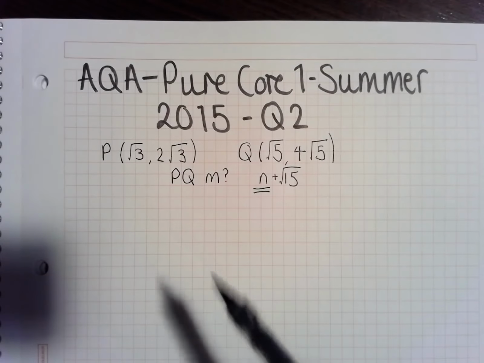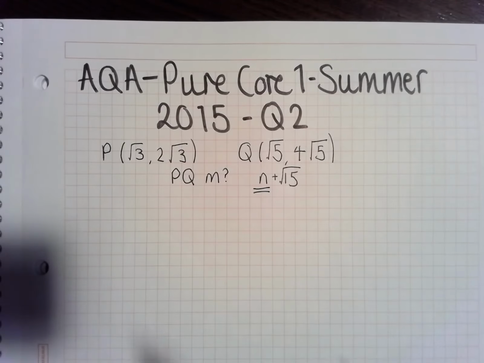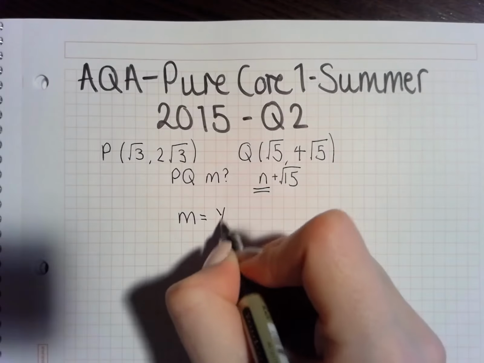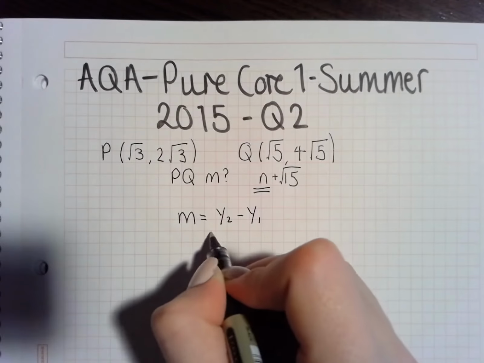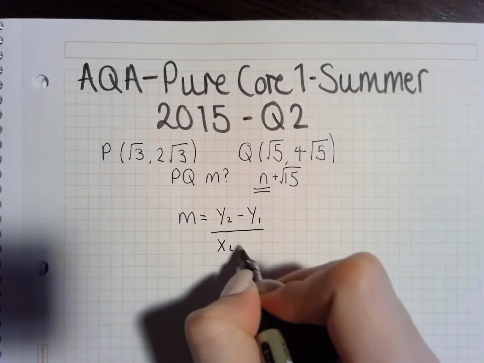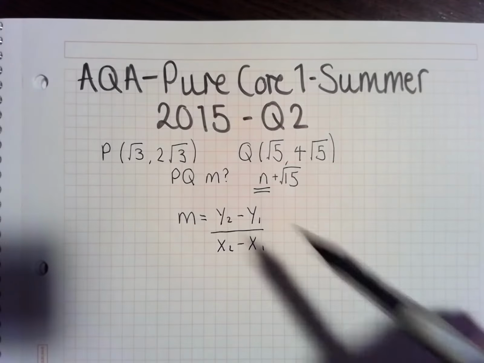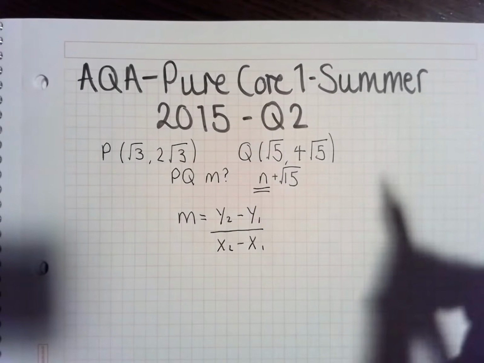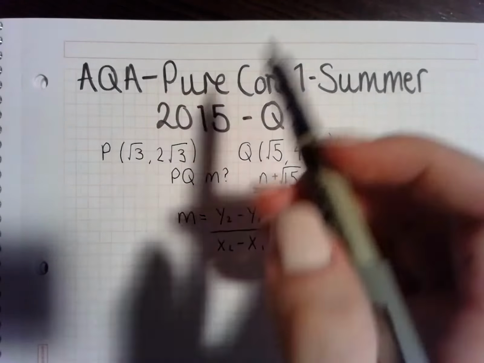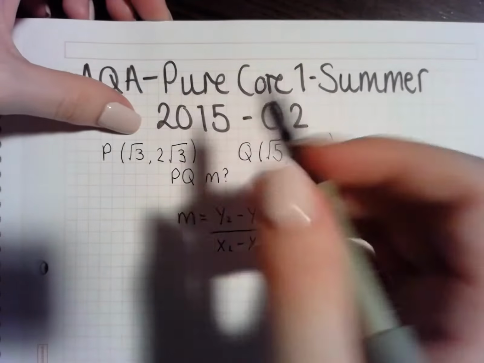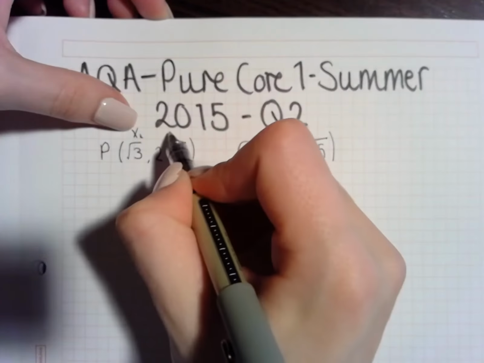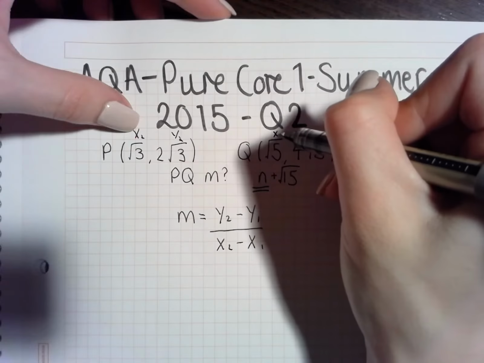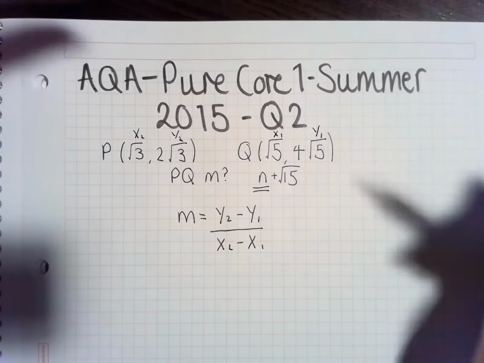And we know that if we have 2 points, then to work out a gradient, we use the formula m equals y2 minus y1 divided by x2 minus x1. So let's call P x2 and y2, and Q x1 and y1.